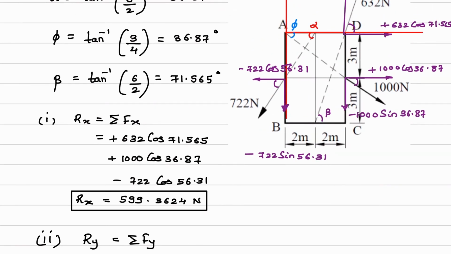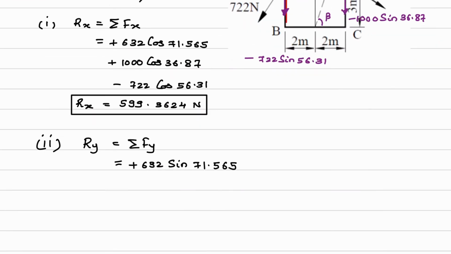Next component, vertical, will be this one. So minus 1000 sine 36.87.